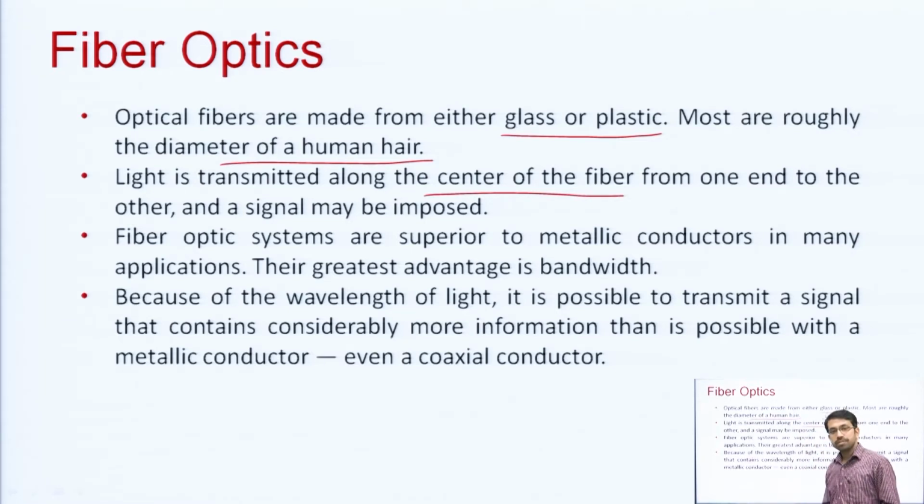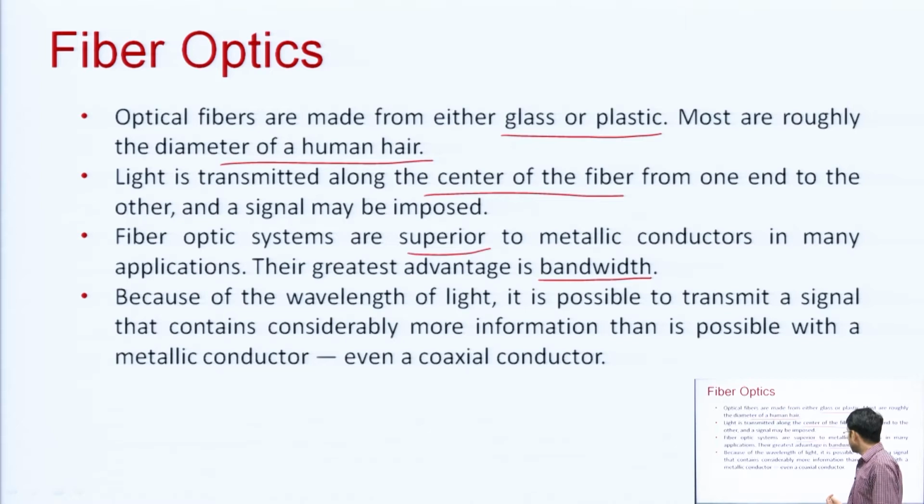Why are optical fibers used? Fiber optic systems are superior to metallic conductors in many ways and in many applications. Their greatest advantage is bandwidth, very high bandwidth. The frequency of light in the visible region is very high, and so the bandwidth is also very high, in the terahertz range.